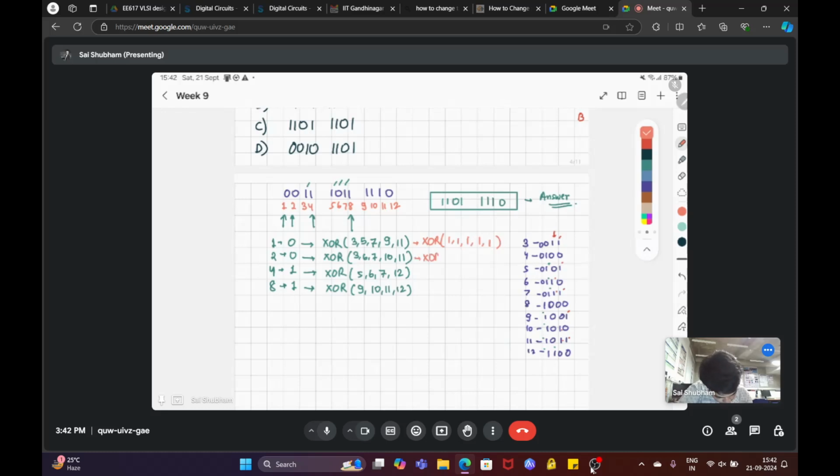This should be XOR of 3, 6, 7, 10, 11. This should be XOR of 5, 6, 7, 12. This should be XOR of 9, 10, 11, 12. So this is correct. This should be 0. This should be 0. And this should actually be 1.